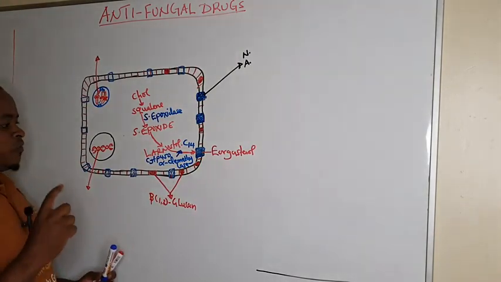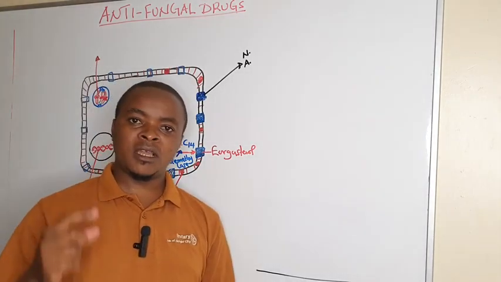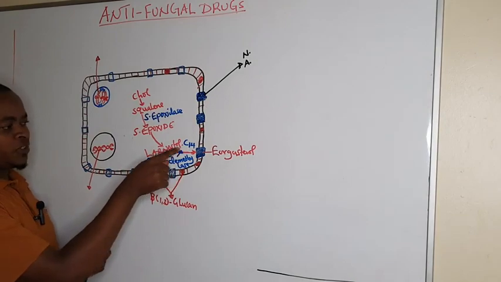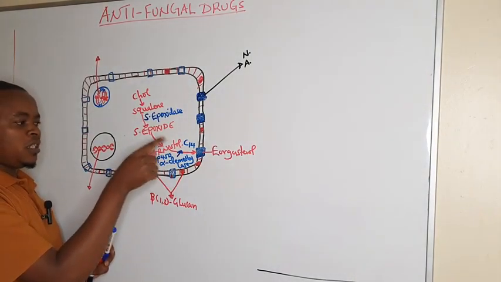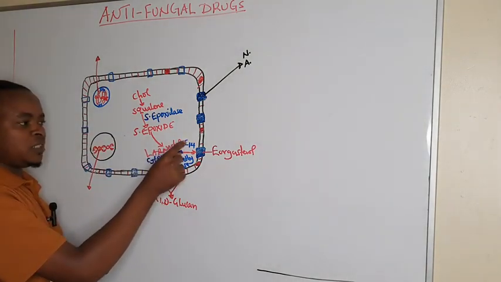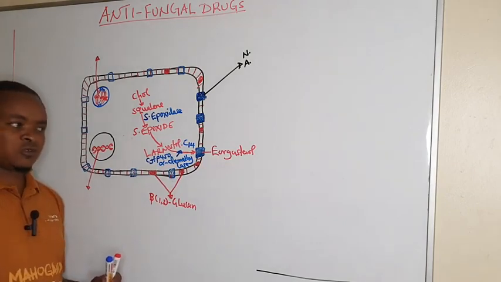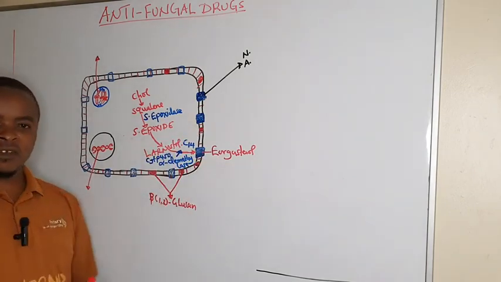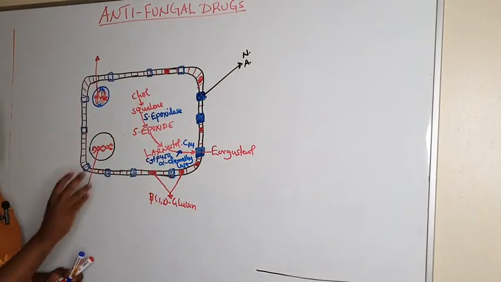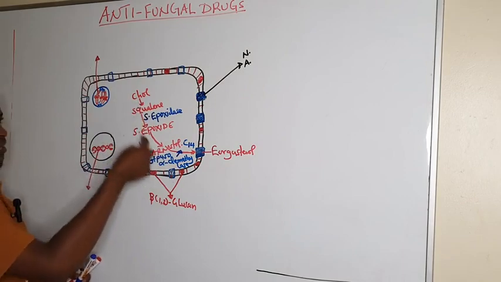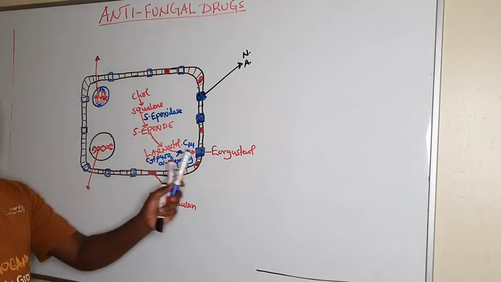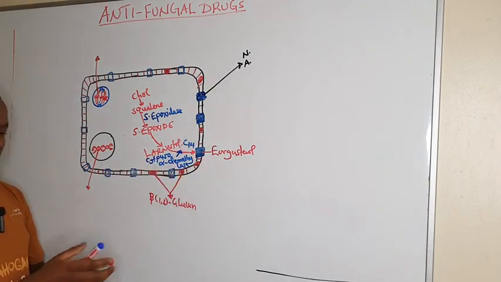So if we have the cytochrome P450 alpha demethylase enzyme, it targets carbon 14 of the lanosterol, removing a methyl group at carbon 14, and then we form ergosterol, which forms part of the cell. So we are going to see two categories of drugs which target this synthesis of lanosterol and ergosterol, which forms the integrity of the cell.